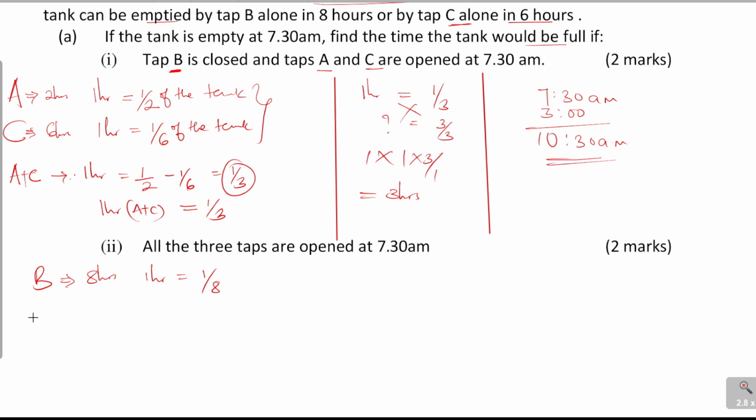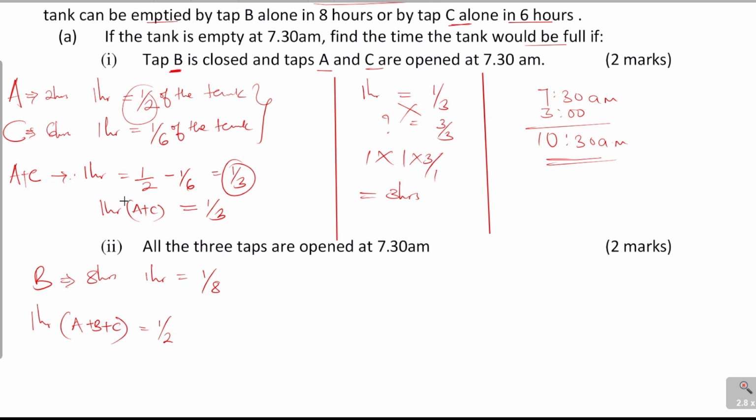So now, when all the 3 taps are running, in 1 hour, what fraction of the tank will they fill? A, B, and C. A in 1 hour fills a half from the previous part. It fills a half of the tank.